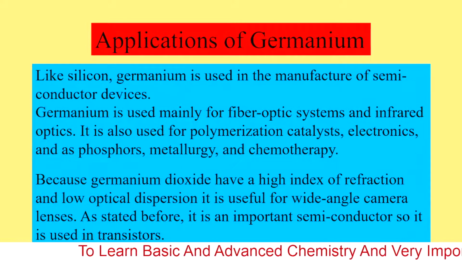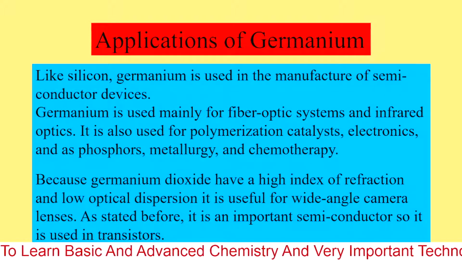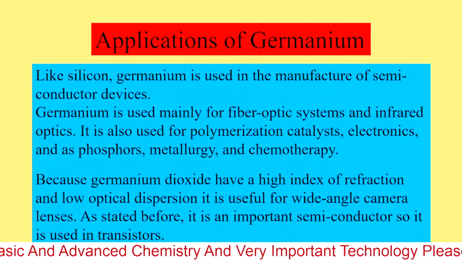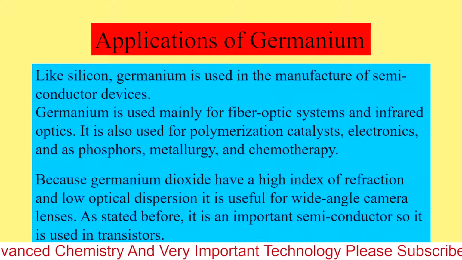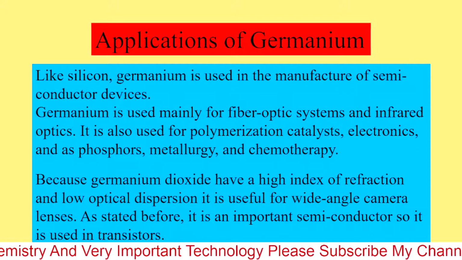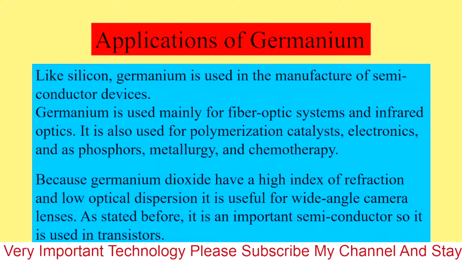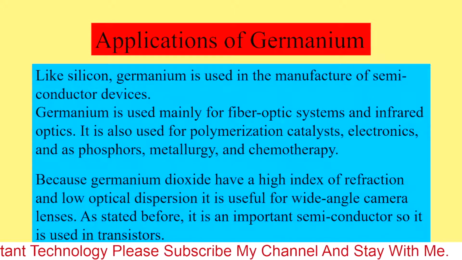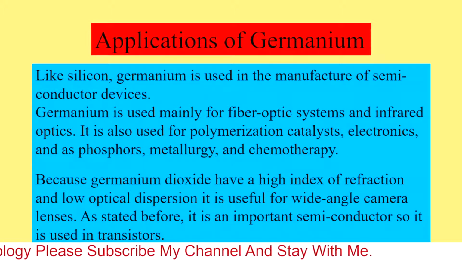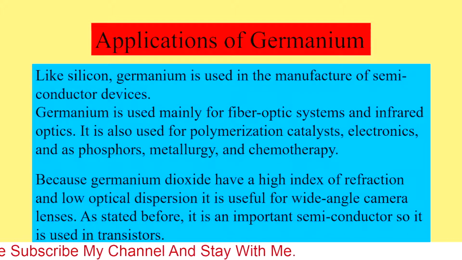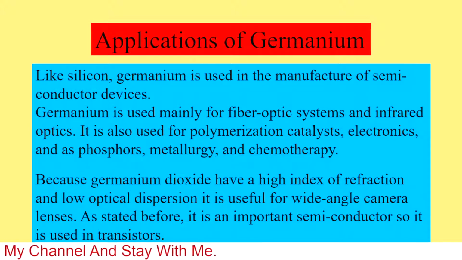Okay, now the final slide. What are the applications of germanium? We can use germanium like silicon, but due to the availability of silicon, we use silicon very often instead of germanium.